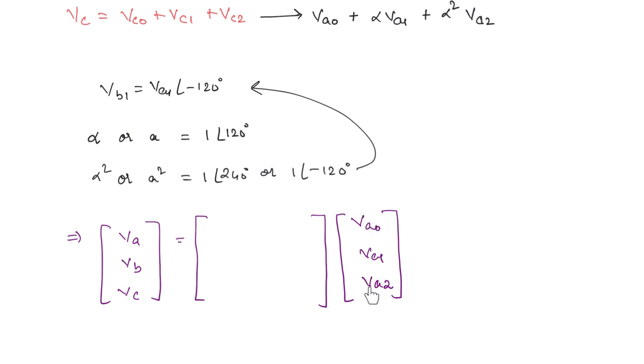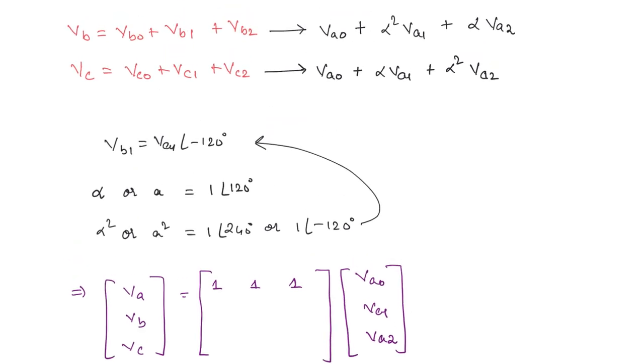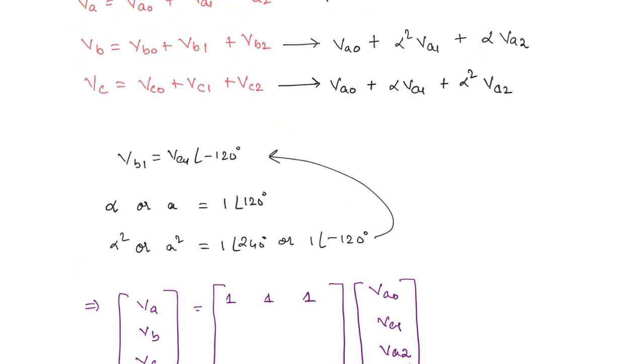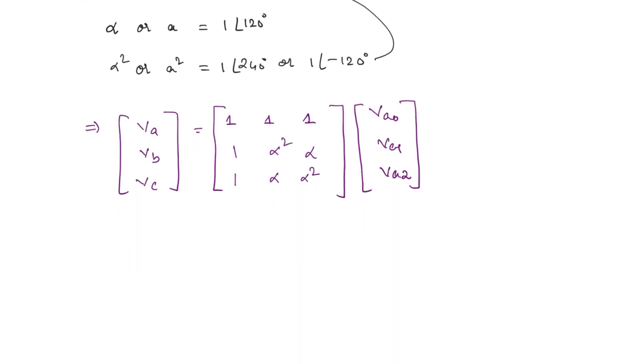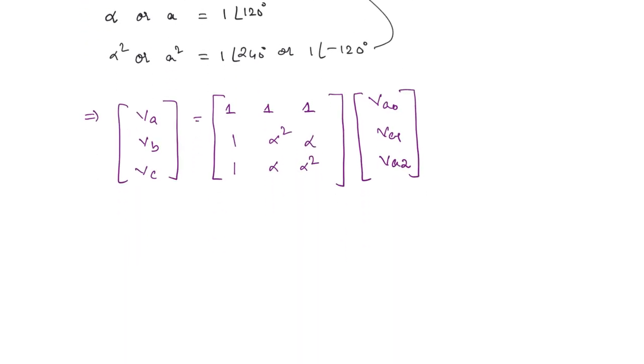It is simply the sum of these, right? So here it is going to be 1, 1 and 1. What about VB? VB is VA0 into 1, alpha square into VA1, alpha into VA2. So here you are going to get 1, alpha square and alpha, right? So 1 alpha square alpha. Similarly here you are going to get 1 alpha alpha square.